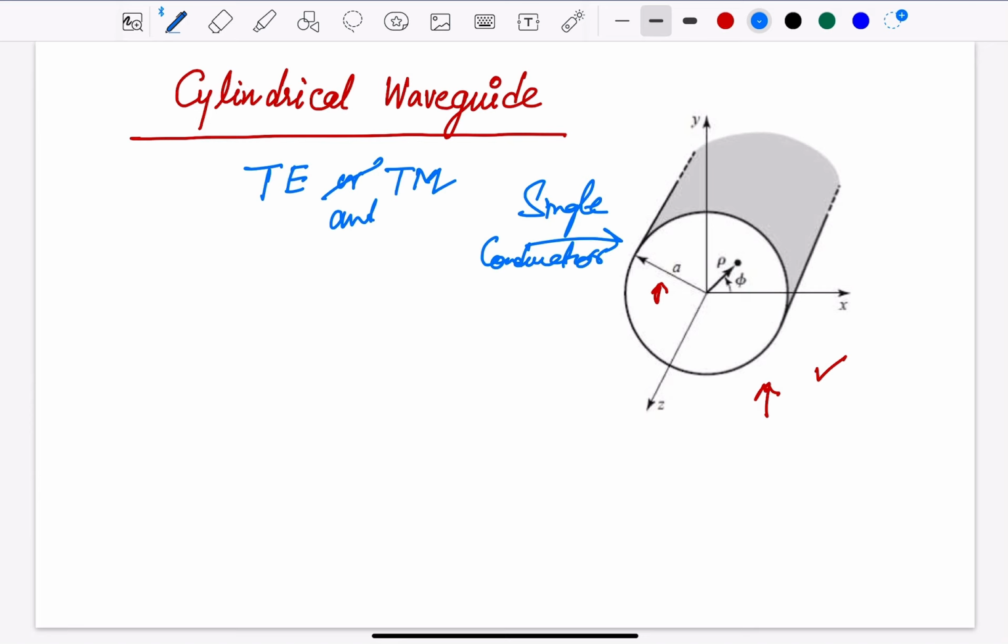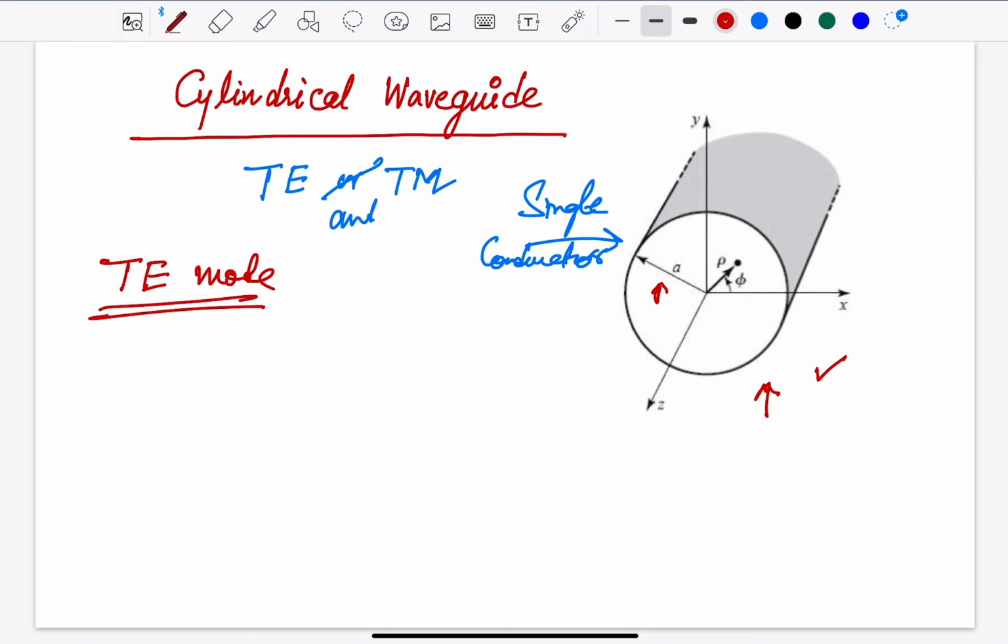Fine, so let us begin. We'll do it particularly for the TE mode first, and then we'll see the TM mode as well.